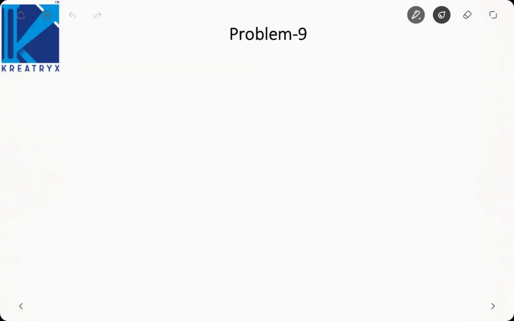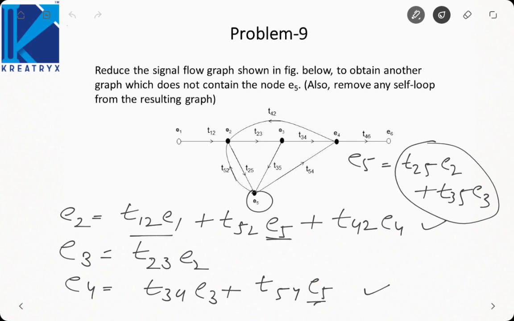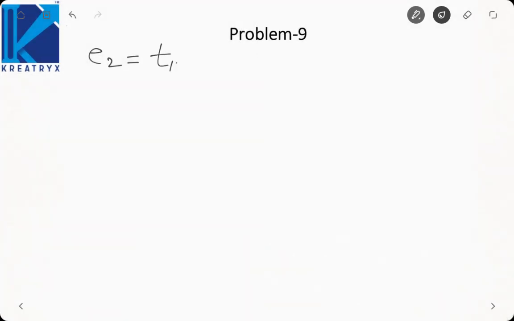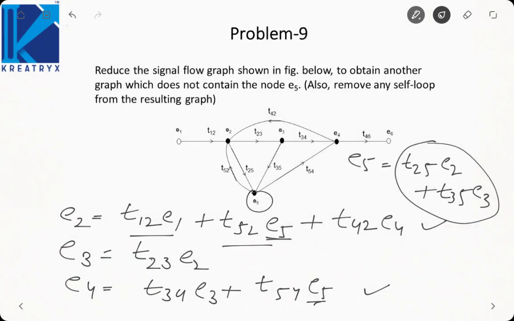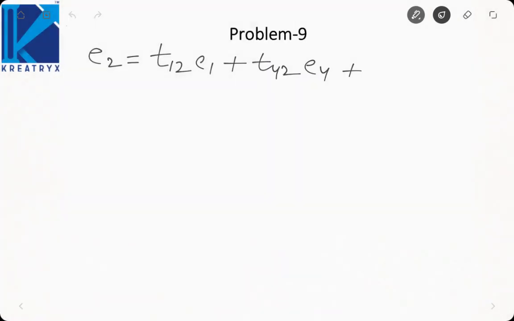Then what would E2 become? T12 E1 plus T42 E4 will remain same, and then it would be T52 multiplied by E5.